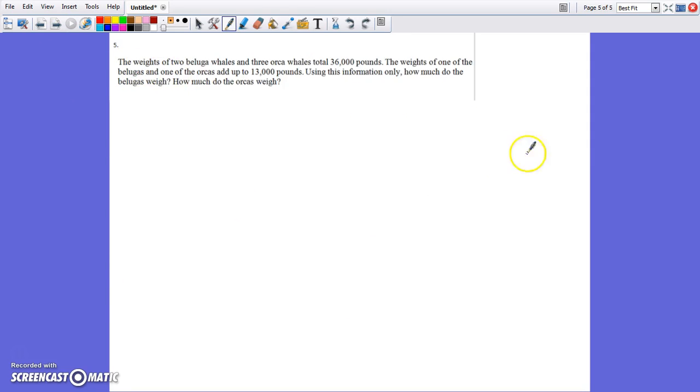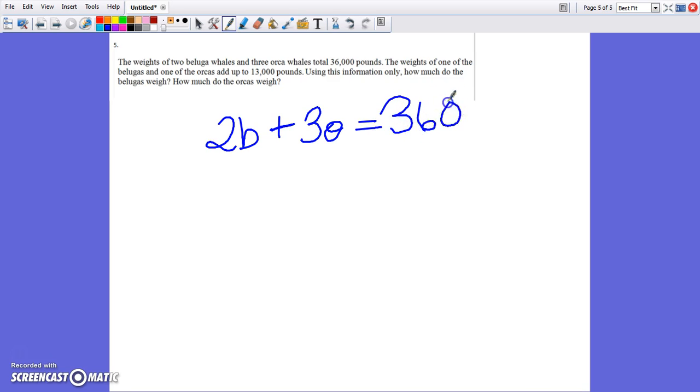The weights of 2 beluga whales and 3 orca whales is 36,000 pounds. I'm going to go ahead and just start: 2 beluga whales plus 3 orca whales. Their weights together are 36,000 pounds. It's quite a lot of weight.